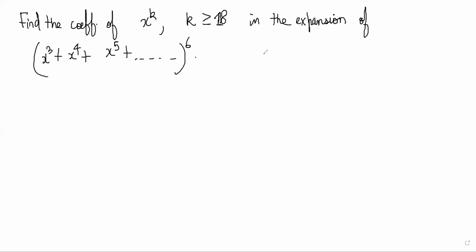This is the question. Questions like this will arise a lot because when we count something combinatorially using generating functions, ultimately we will need the coefficient of some power of x in a particular series.